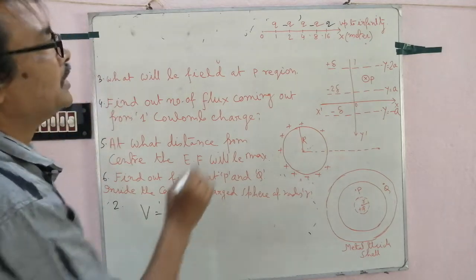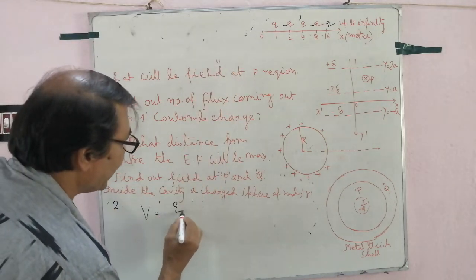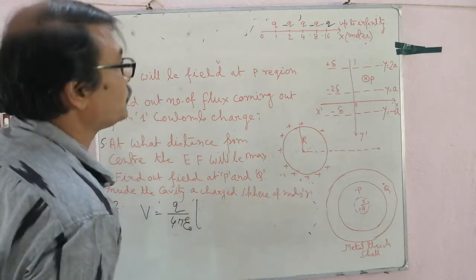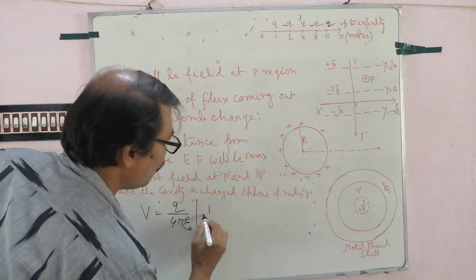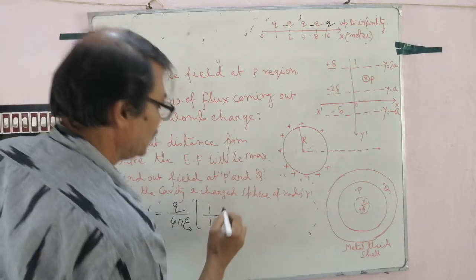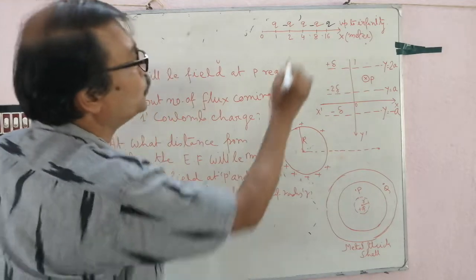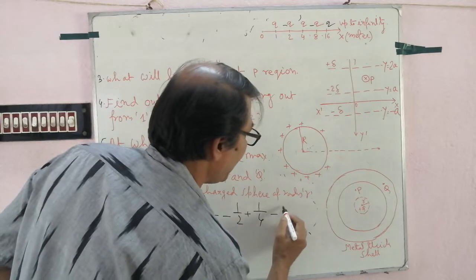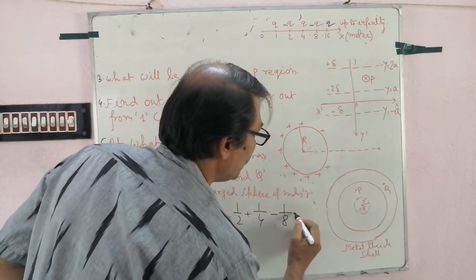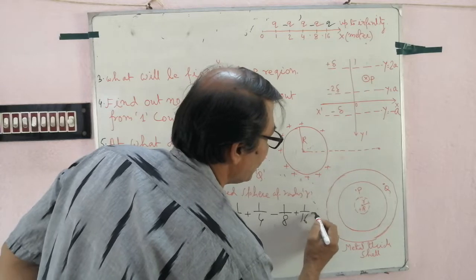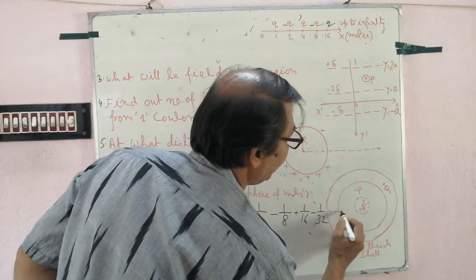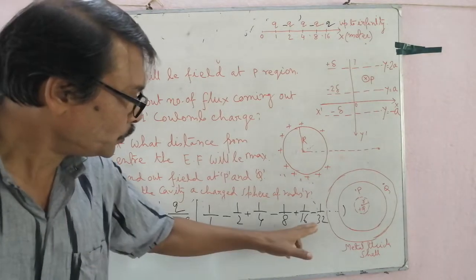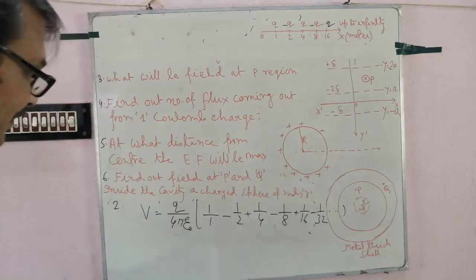Potential V equal to, in a similar way, follow, q by 4 pi epsilon naught, 1 minus 1 by 2 plus 1 by 4 minus 1 by 8 plus 1 by 16 minus 1 by 32 and so on. Clear? Follow, two different series.